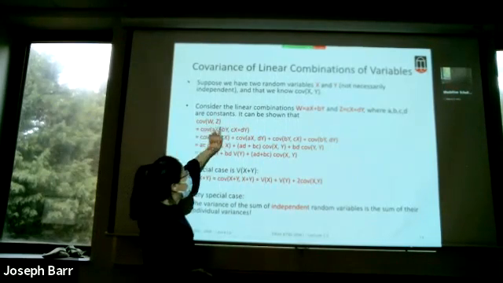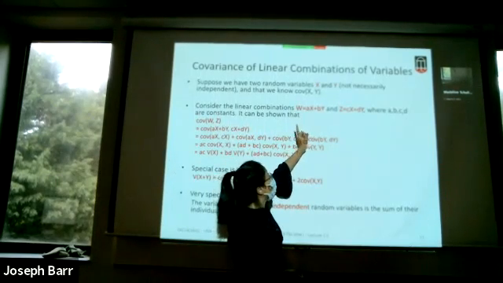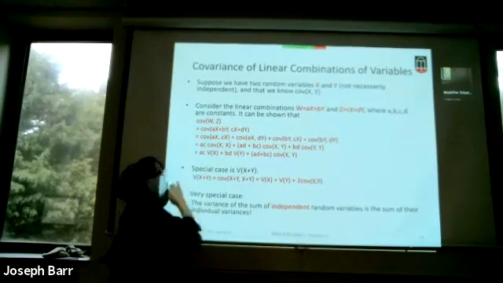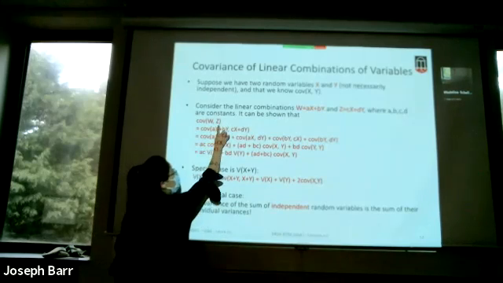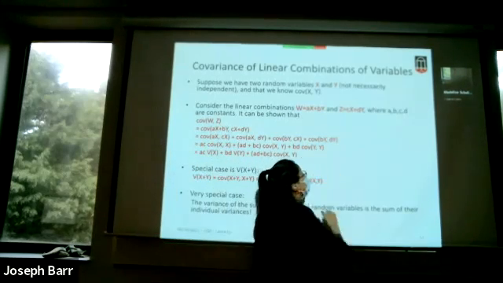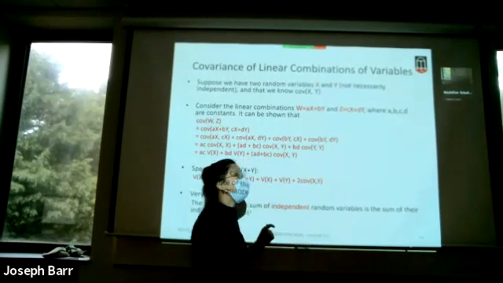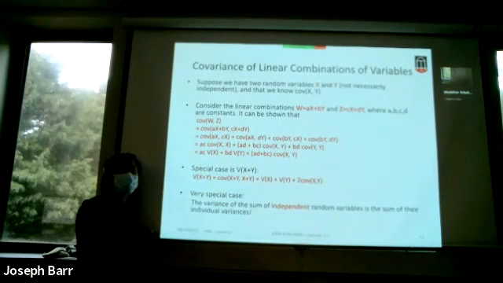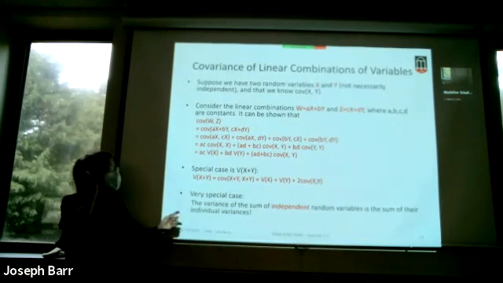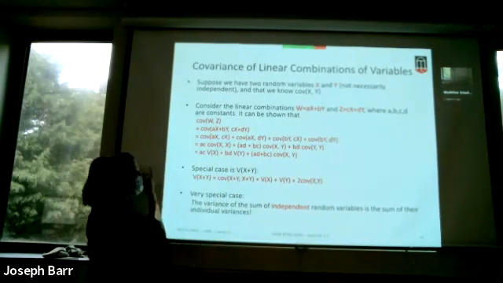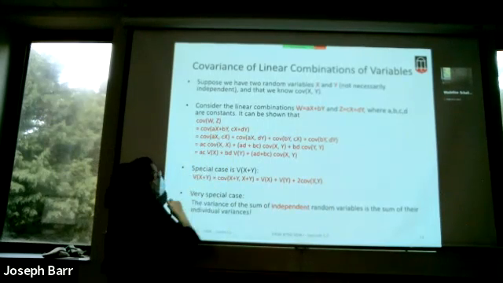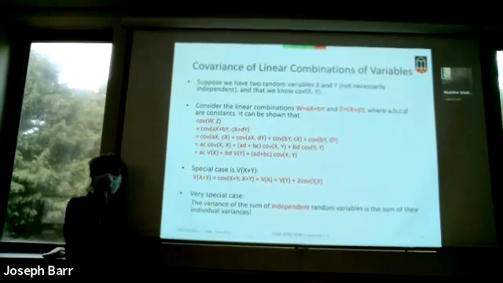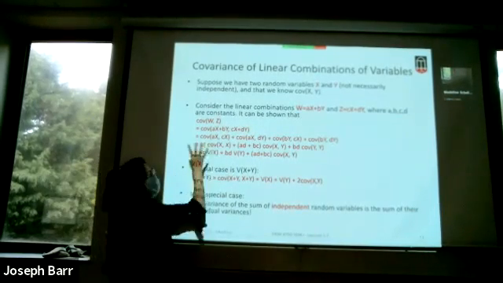So W, look at this equation, is aX plus bY. Replace W by using this expression. Z, by using this definition, is cX plus dY. So just replace Z by using this term. Next, you're going to expand this part. Here we have a sum of two terms, and here we have a sum of two terms, and how to expand it by using the rules of covariance? You have these four terms.